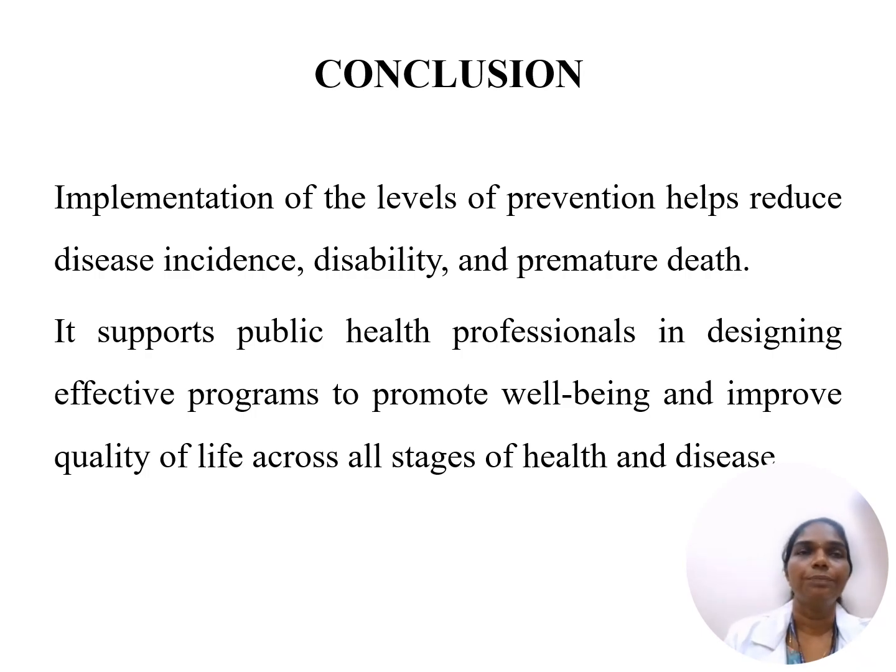Why? Because we see people of all ages in the community. Everybody will be at different levels of prevention. Children less than 5 years will be at the primordial prevention level, and those aged 60 or 70 years will be at the tertiary level of prevention. So you have to know how to deal with them.